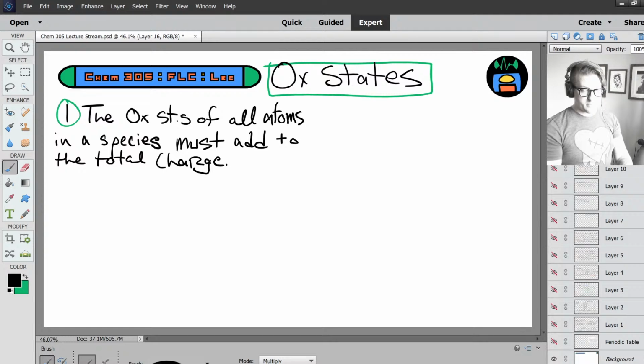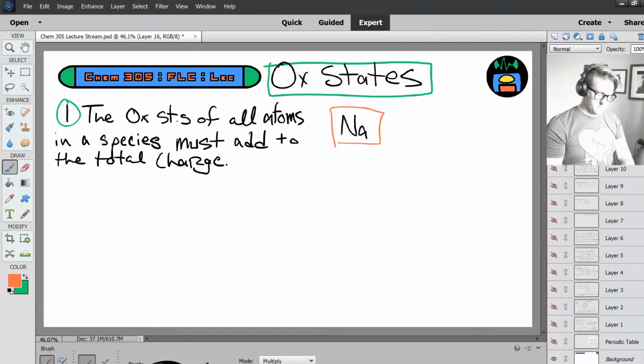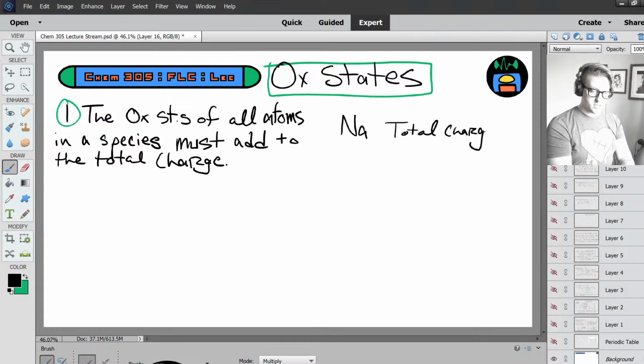So, for example, if I asked you what is the oxidation state of sodium metal, here for sodium, our total charge is 0, right? That means that the oxidation state of sodium is also 0.